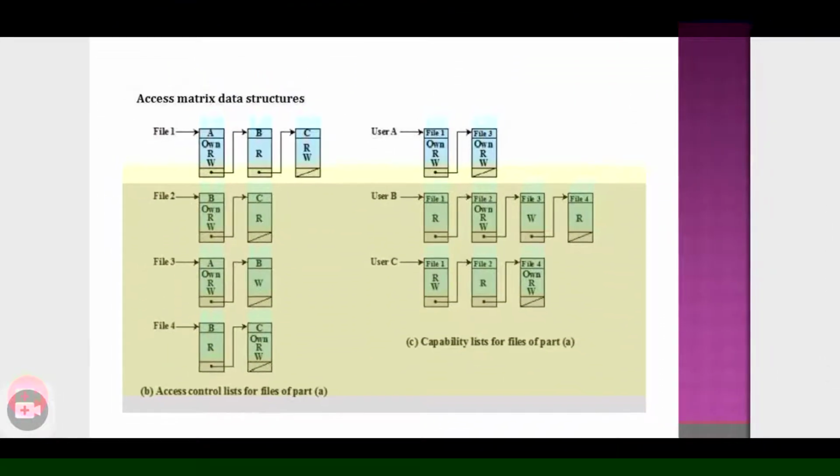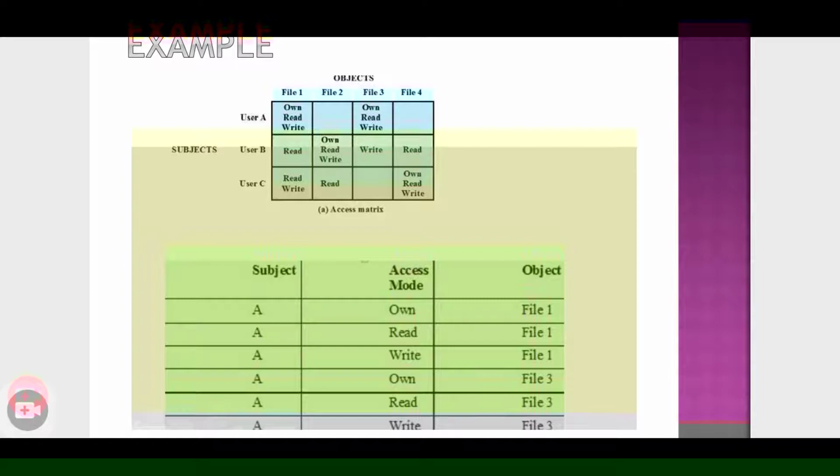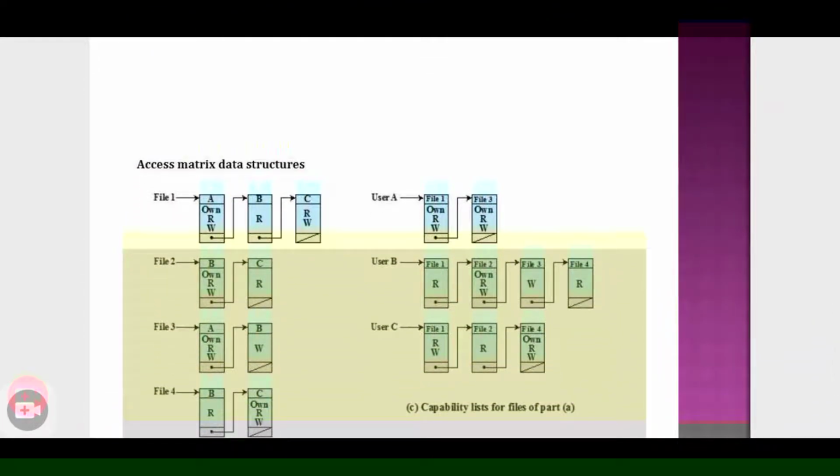For implementing this access matrix, we can use some list representation to represent this access matrix in a data structure. So file 1 is owned by A, who can read and write. But for B, you can see read only. So there will be a pointer to B's structure list.